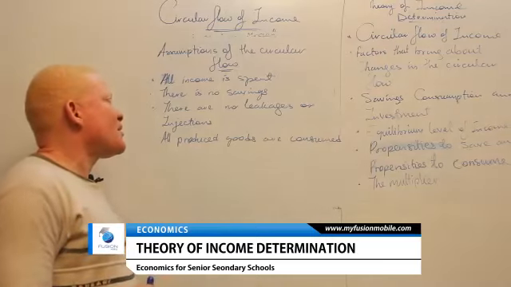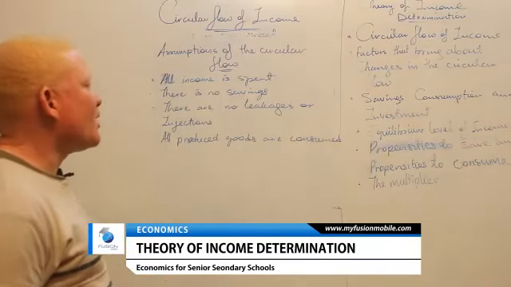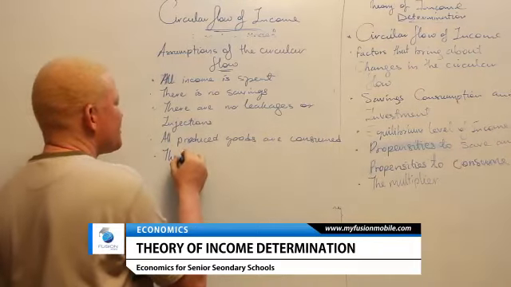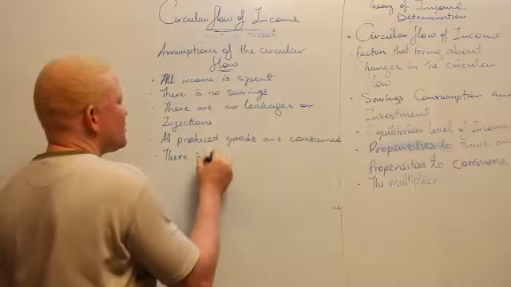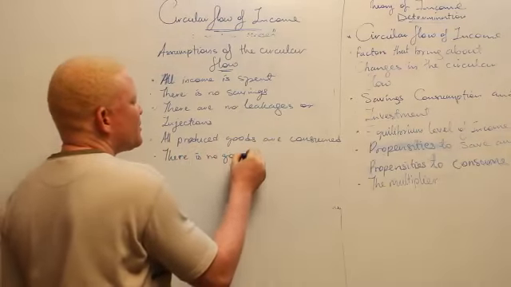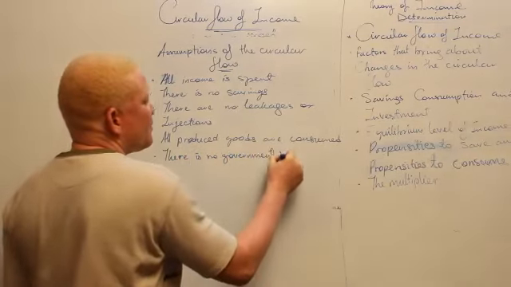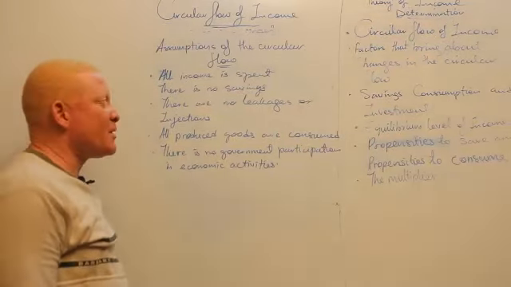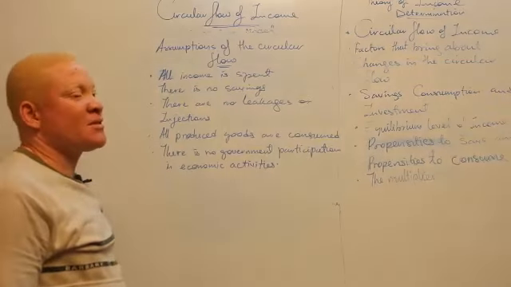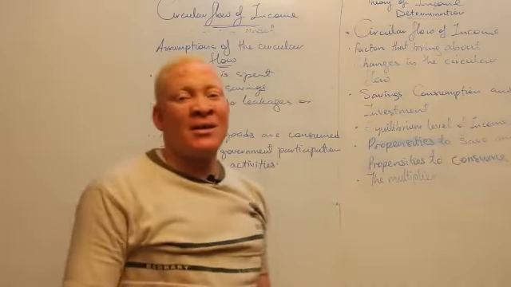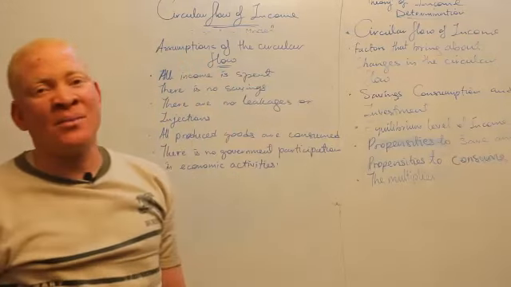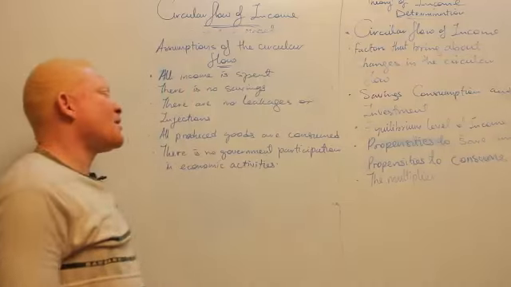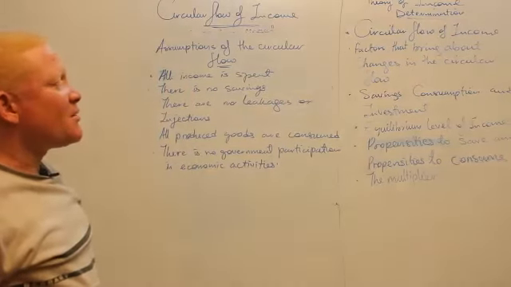And the other one is that there are no leakages or injections, and the last one is that there is no government participation in economic activities. Of course, definitely there's not going to be any such thing as taxes, and there will not be anything like government subsidies. Now, these are the basic assumptions of the circular flow.